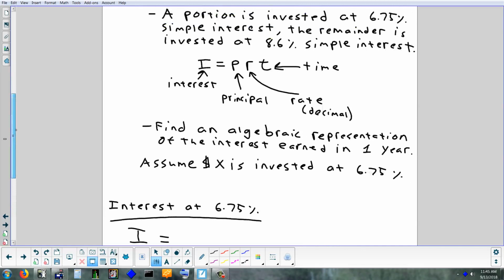Okay, how much money is Bill investing at 6.75%? 20,000. Well, he has 20,000 to invest, but how much of that is going towards the 6.75 investment?